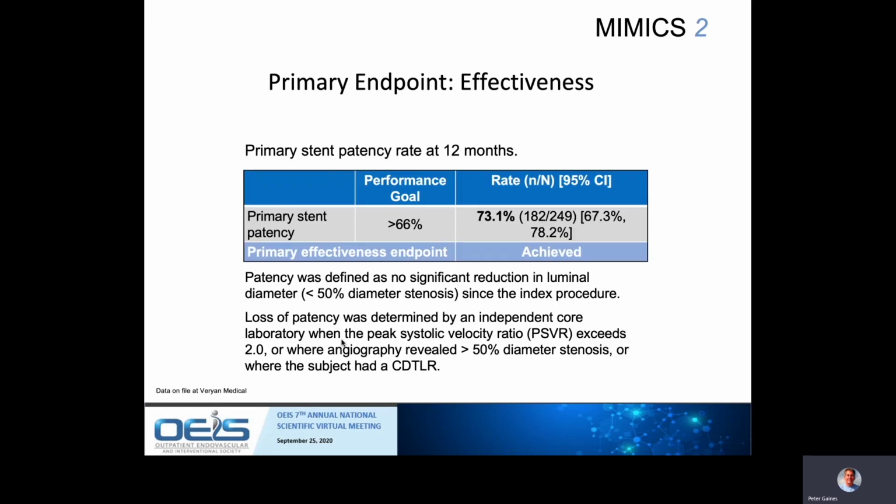The primary effectiveness endpoint at 73.1% with a lower 95% confidence interval of 67.3% was again achieved when compared to the VIVA Physicians' performance goal of greater than 66%. It should be noted also that this was done using a challenging definition of patency, whereby occlusion was defined as greater than a PSVR of 2.